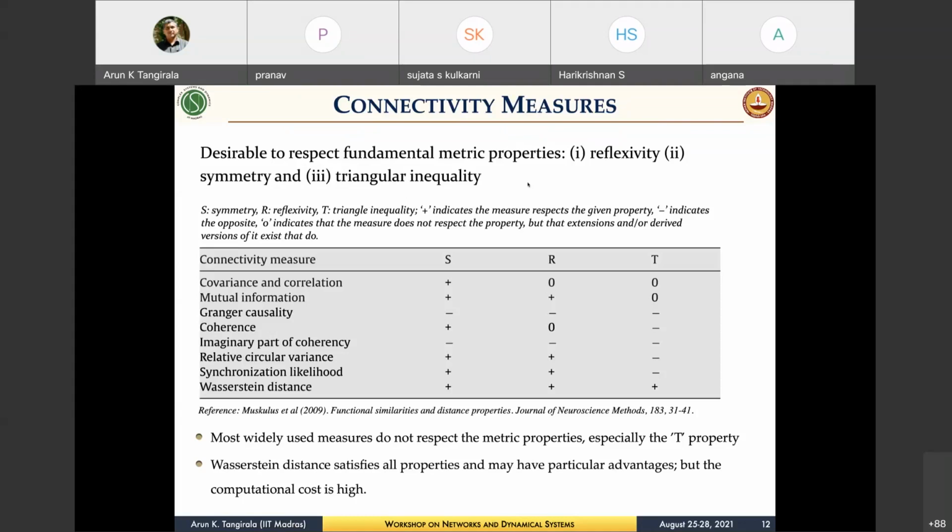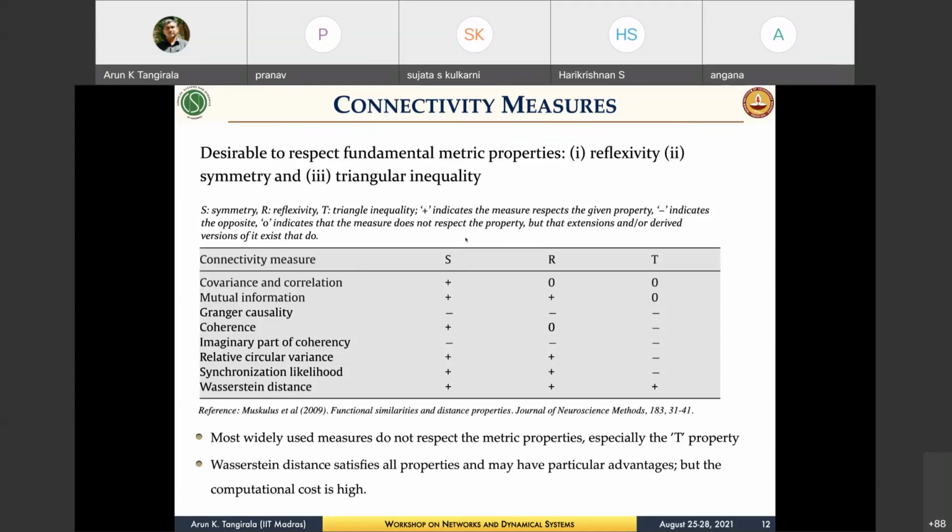For example, correlation doesn't give you that. Correlation between a variable and itself is 1, but you can modify the definition if you wish to bring about reflexivity. And if you can do that, then the symbol that is used in this table is O. It says that you can modify it to bring about that property. Symmetry, we all understand.